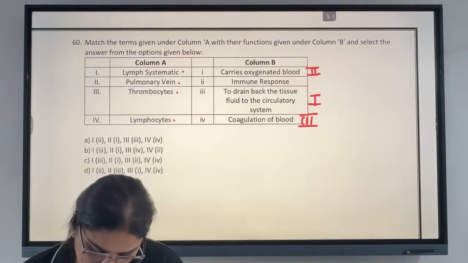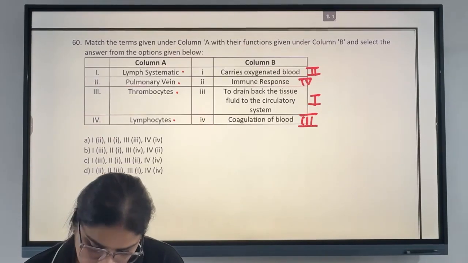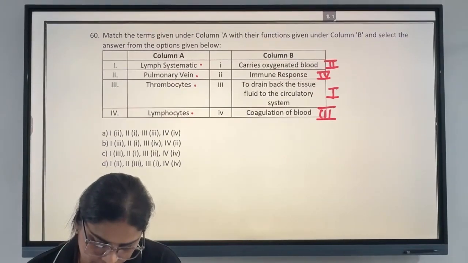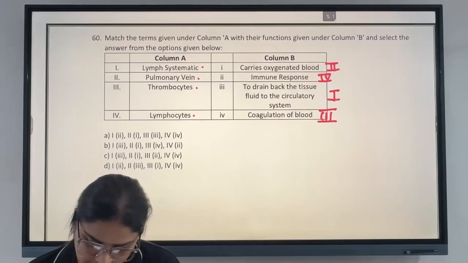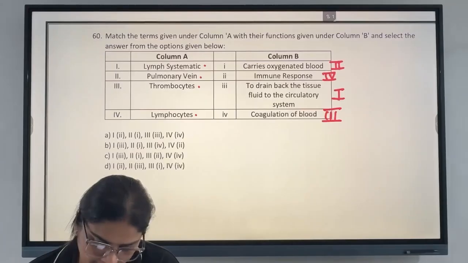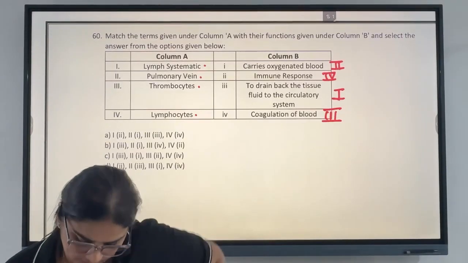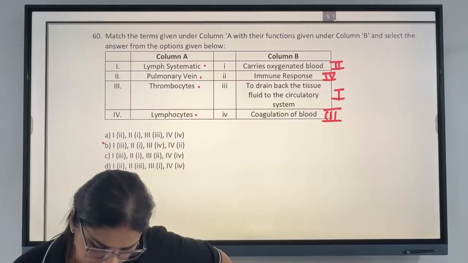Lymphocytes, immune response, 4. So we have to look for the option that says 1 with 3, 2 with 1, 3 with 4 and 4 with 2. The answer is option B.